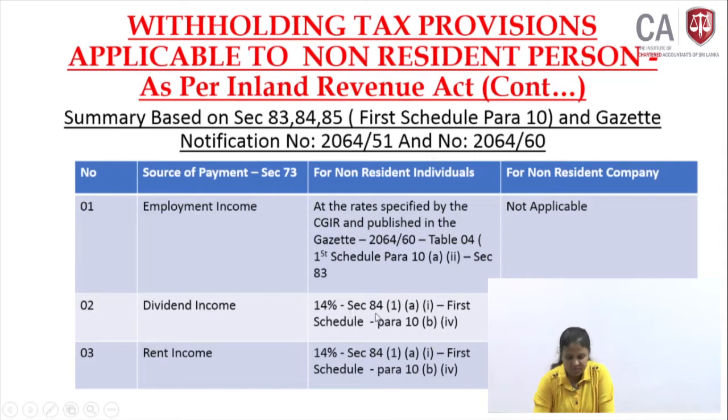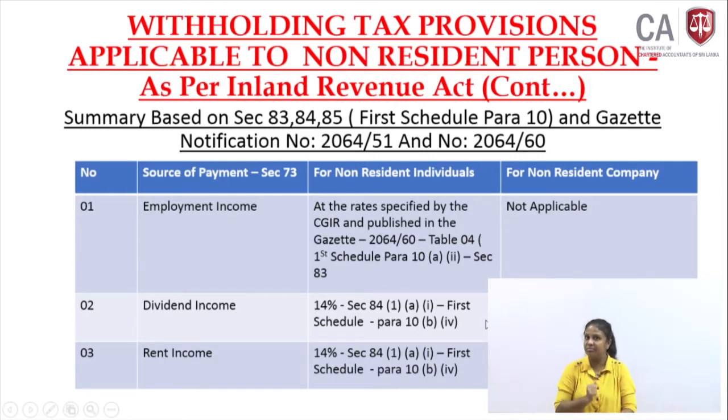Section 84 subsection 1A Roman 1 is the provision of the Act, and the rate is specified in the first schedule paragraph 10B Roman 4, the same provision for the non-resident company.